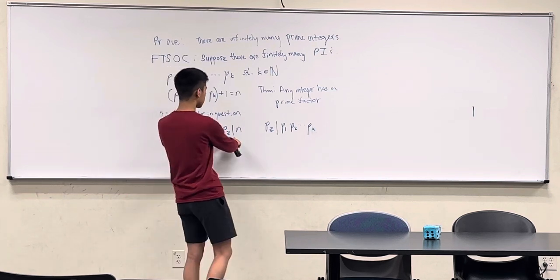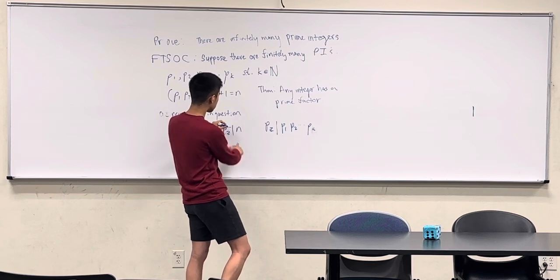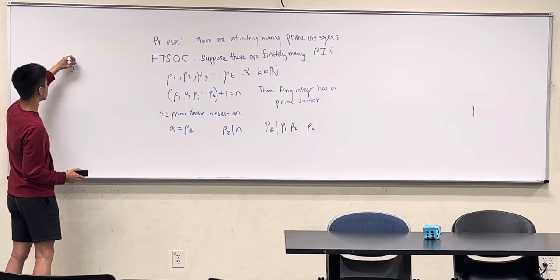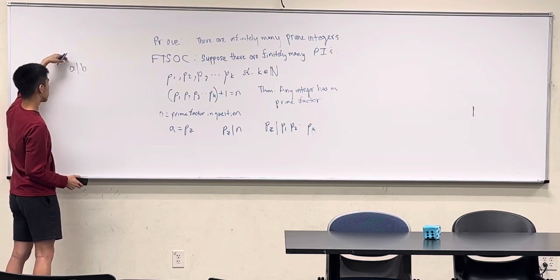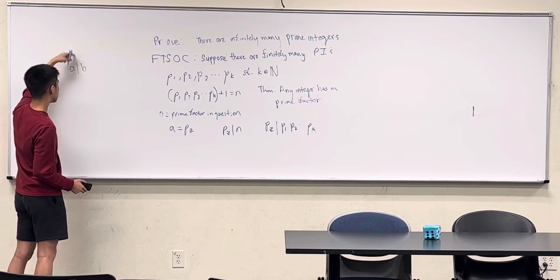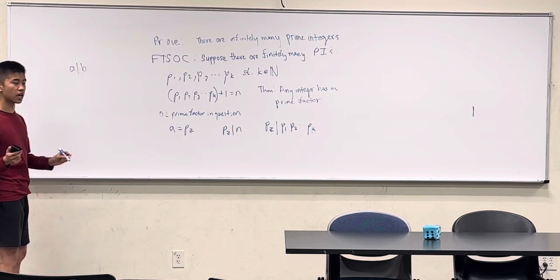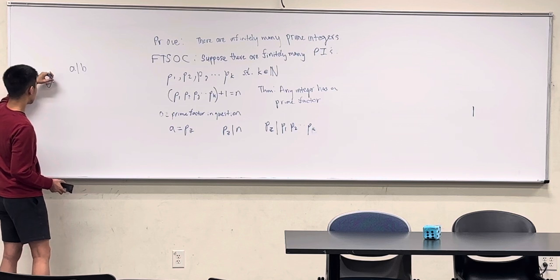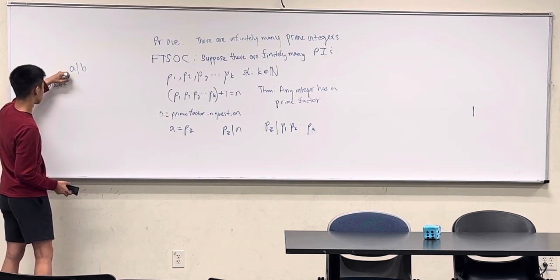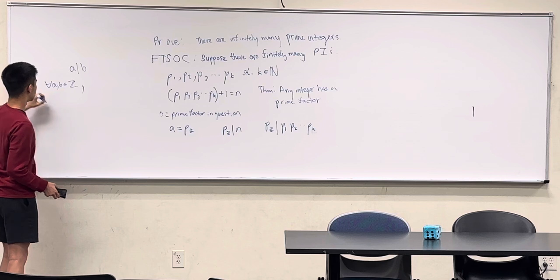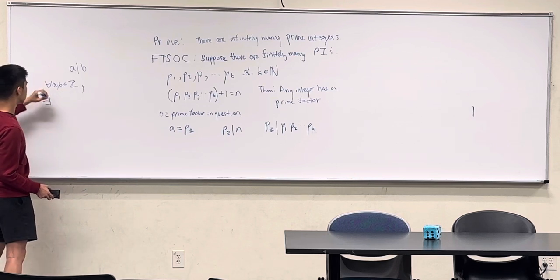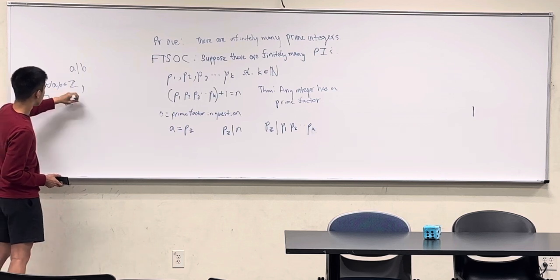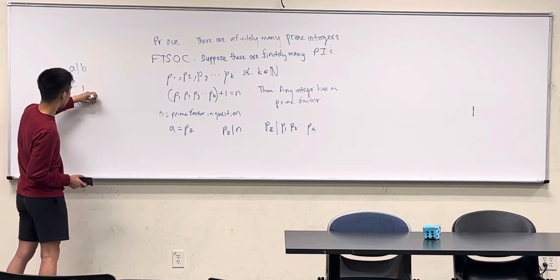Oh, I forgot to mention what this dividing symbol means. If you have two integers, a and b, you have a slash b. Essentially what that means is that there exists another integer n such that an equals b.